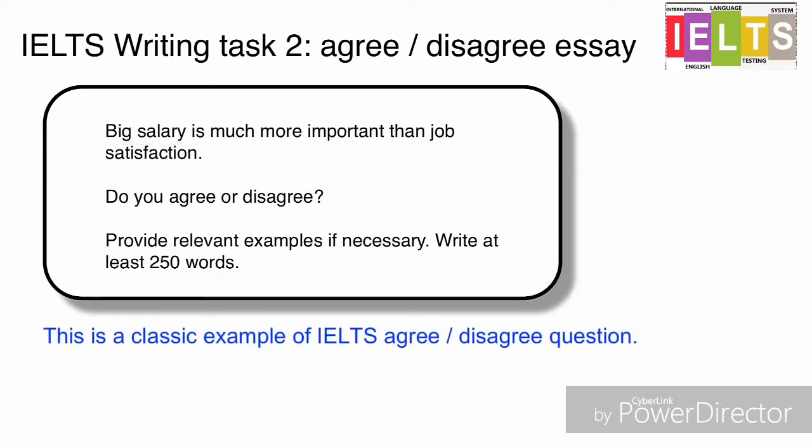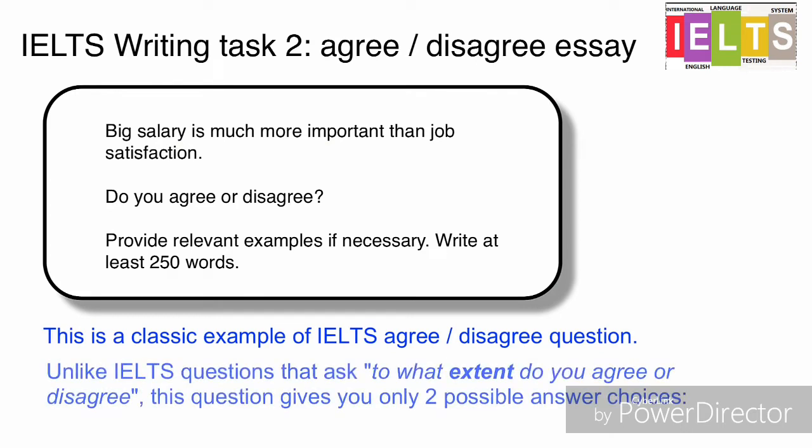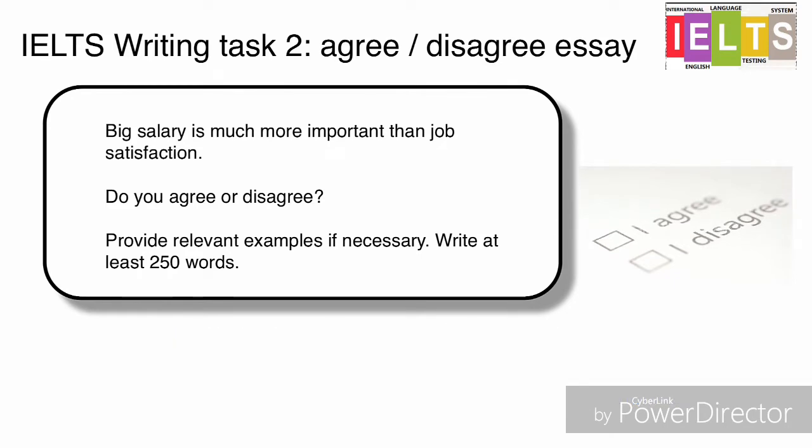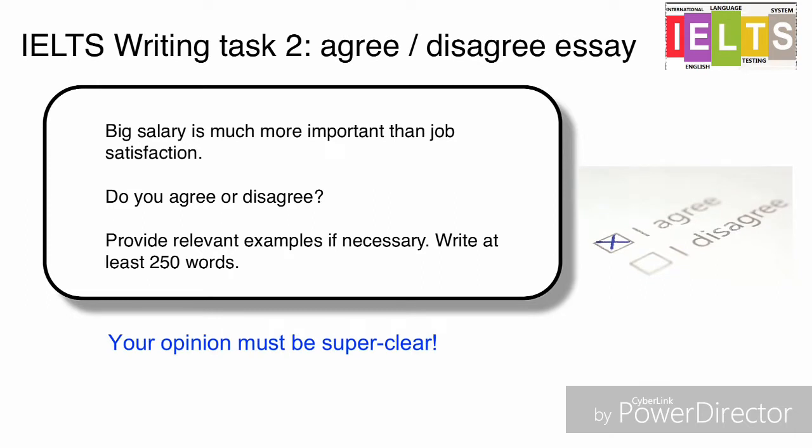This is a classic example of IELTS agree-disagree question. Unlike IELTS questions that ask, to what extent do you agree or disagree? This question gives you only two possible answer choices, to agree or to disagree. You cannot say that you partly agree in agree-disagree questions. Your opinion must be super clear.